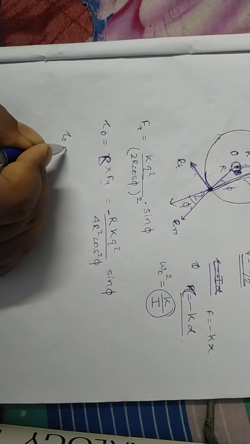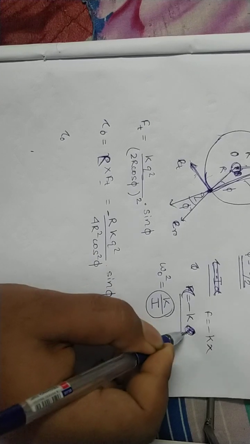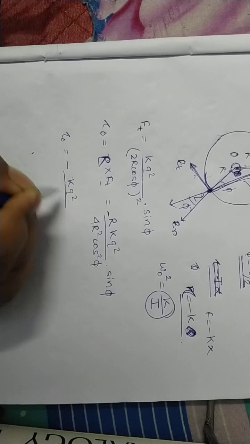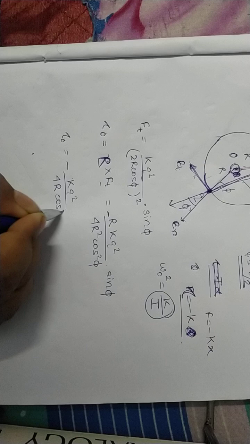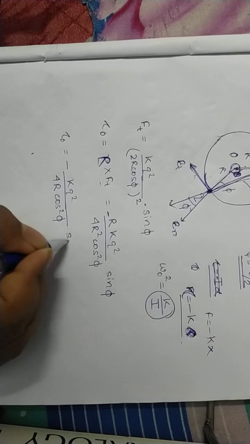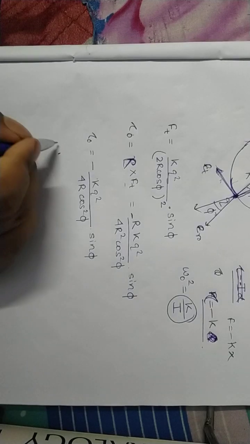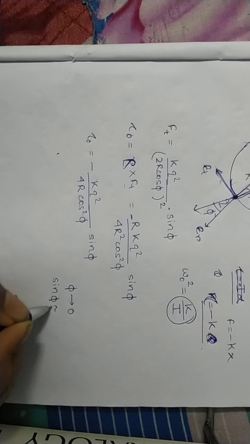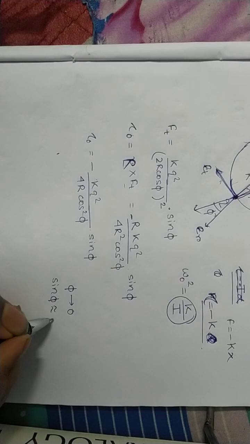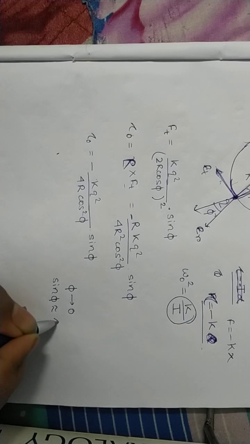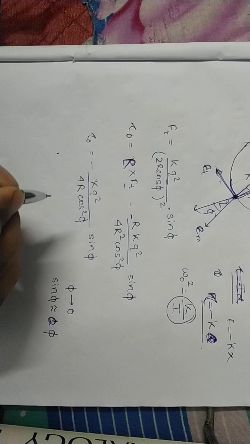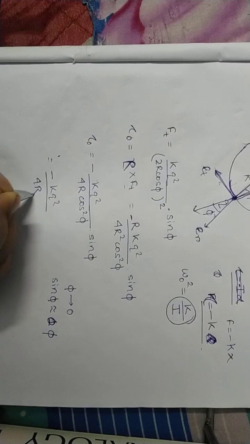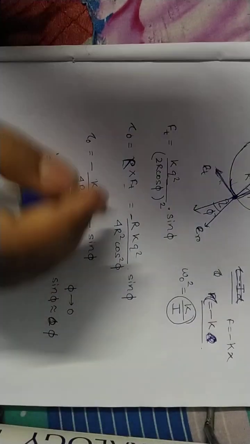Torque will be of the form minus k theta, so torque equal to minus k q square by 4r cos square phi sin phi. Now if phi tends to 0, sin phi is tending to phi, so we have minus k q square by 4r, and cos phi is tending to 1, this is phi.